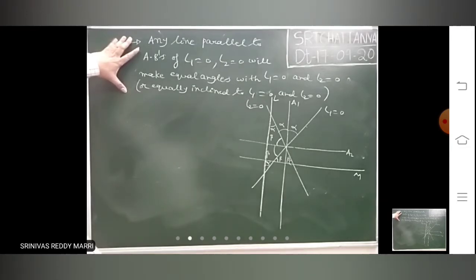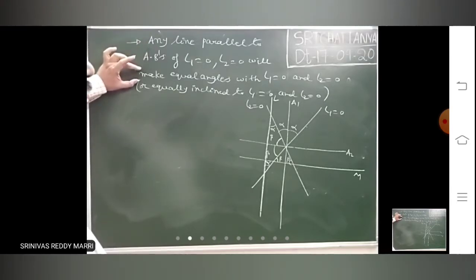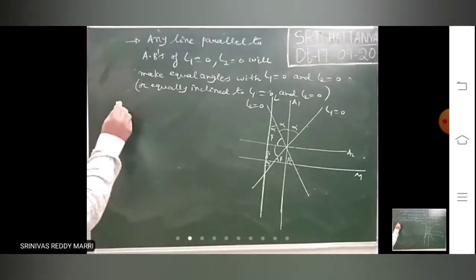Right? So that means any line parallel to angular bisectors will make equal angles with L1 equal to 0 and L2 equal to 0.